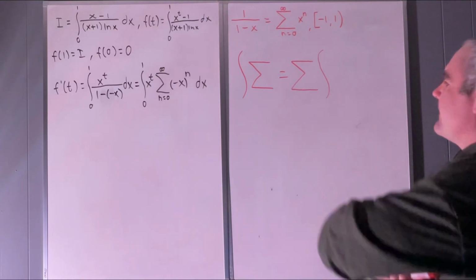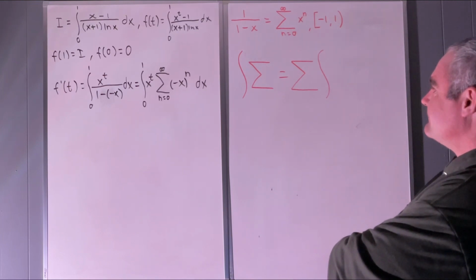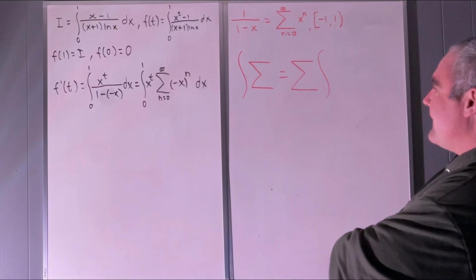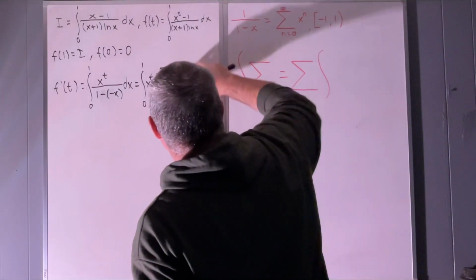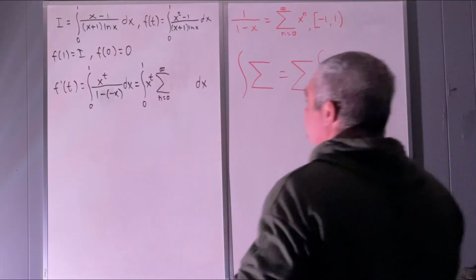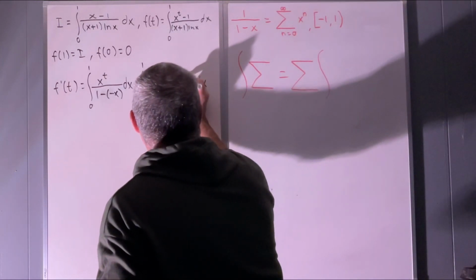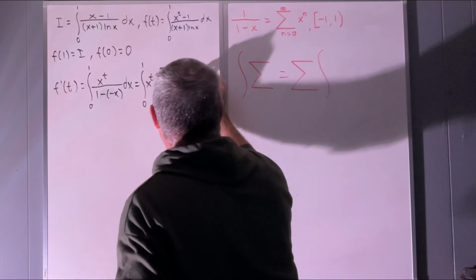All right, let's see what to do next. Instead of that negative x to the n, I'd like to write it this way. We'll write that as negative 1 to the n times x to the n.